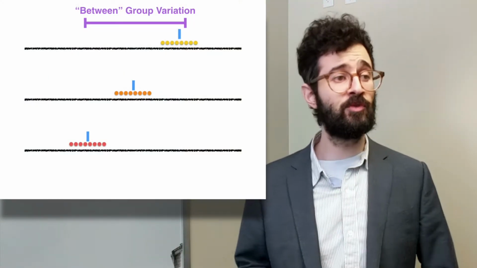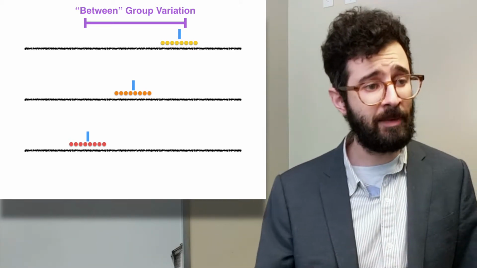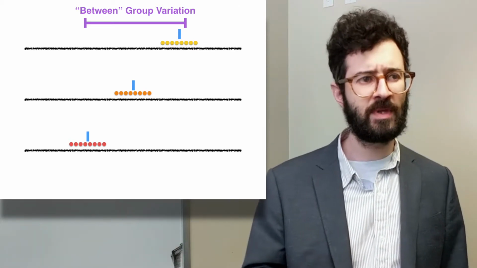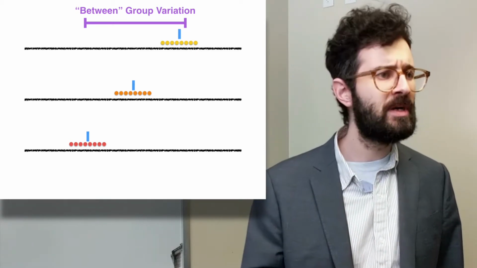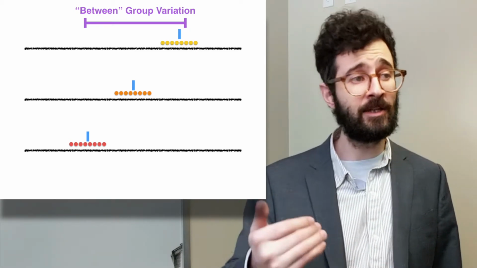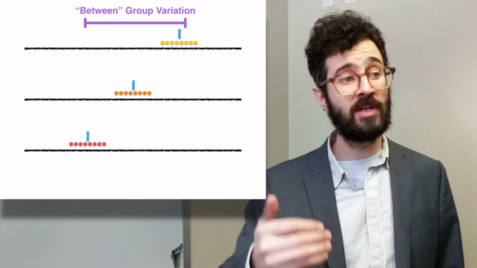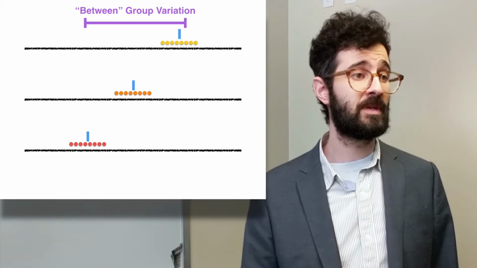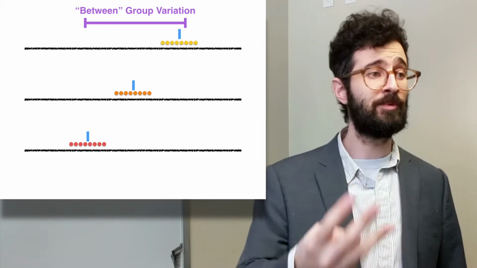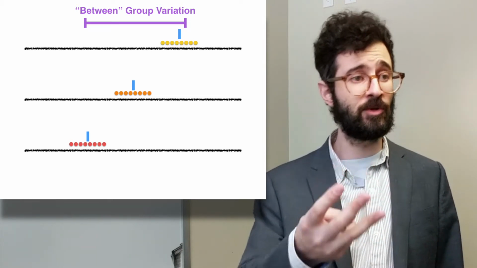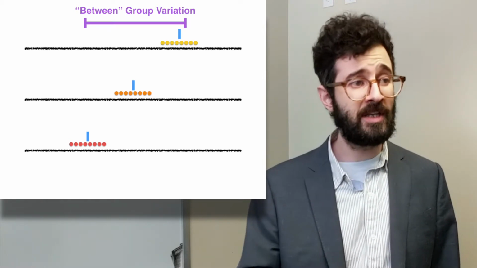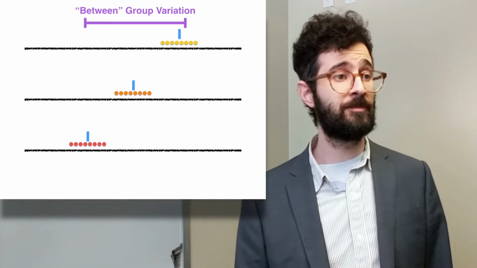When we talk about between group variation, we're talking about how much variation there is between each of the groups. Here you can think of each group as maybe being its own analytical unit, and each of these groups has some sample mean value. So we can have three sample mean values for these three groups, and we can take those values and calculate another standard deviation.